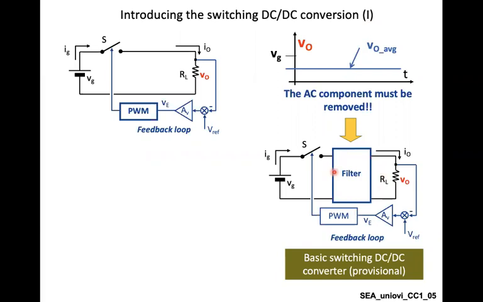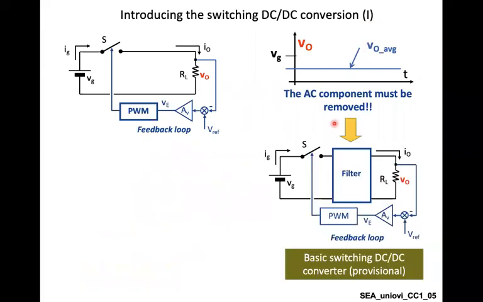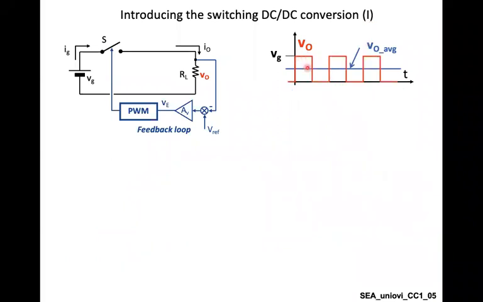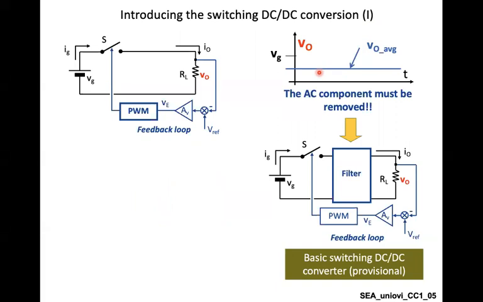The role of this filter is simply to remove all the harmonics that are associated with this square wave, generated due to the turn on and off of this switch by the pulse width modulator, and only get a DC component that represents the average value of this square wave. So the next step is simply to find an appropriate filter that can be embedded here in a DC-DC converter to remove these harmonics.